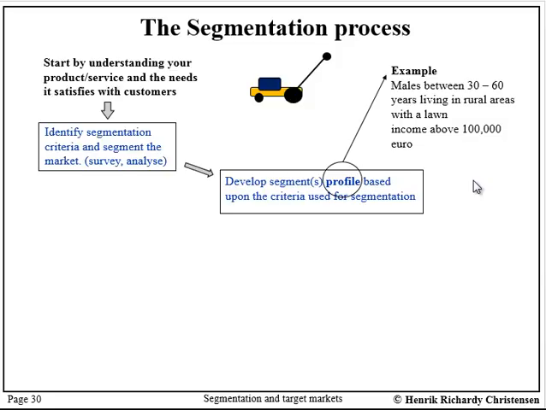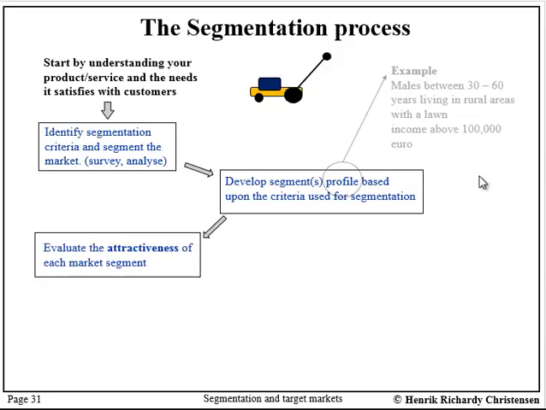As you can see, this profile is actually based upon the criteria that we identified in the first step. And we use here the criteria income, males, and rural area, urban area. And also the fact that people have a lawn, which is quite obvious in this case.